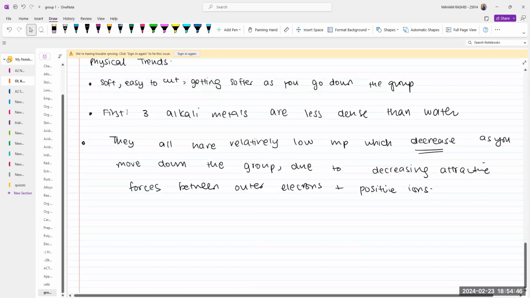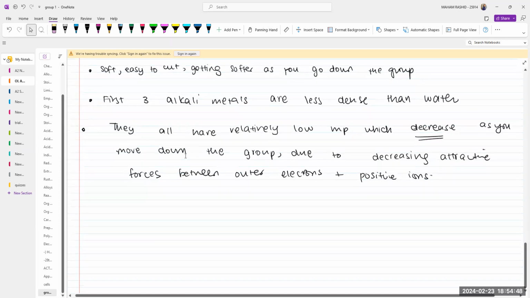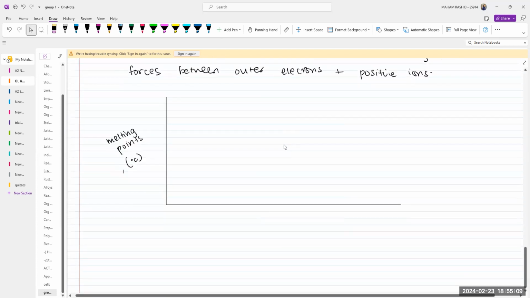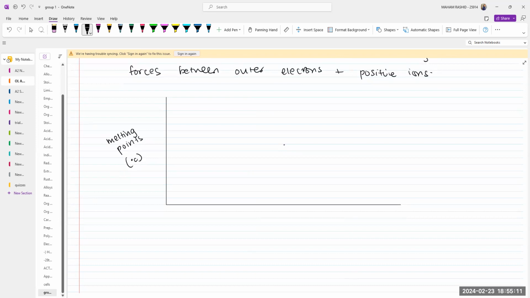So here I'm going to make a graph that compares the melting point of these metals. On the y-axis, we have melting points in degrees Celsius. And on the x-axis, we have our metals.